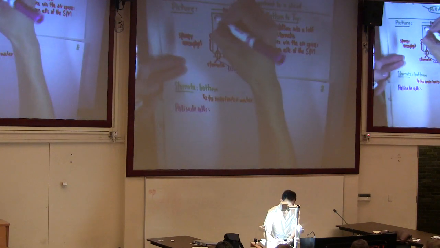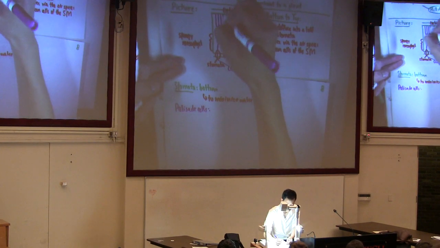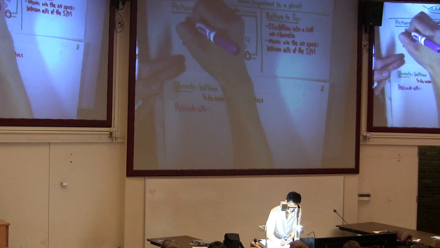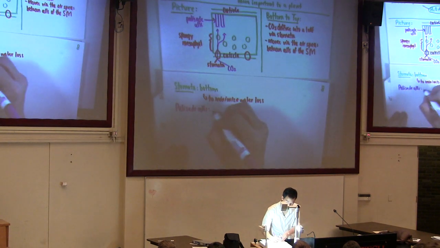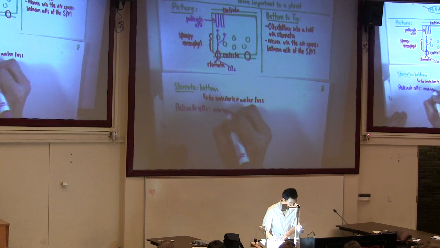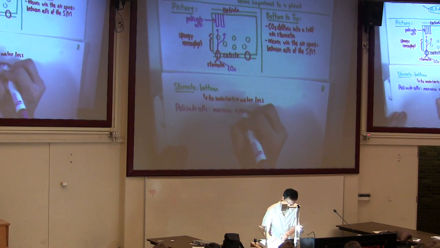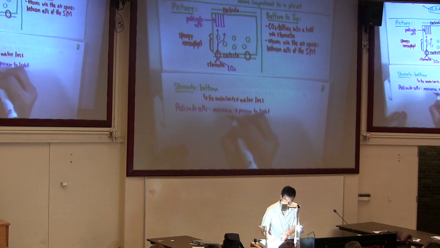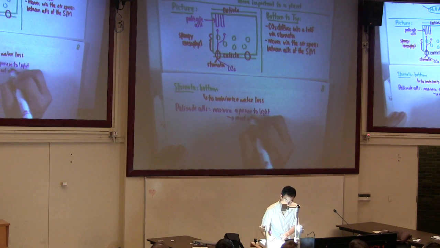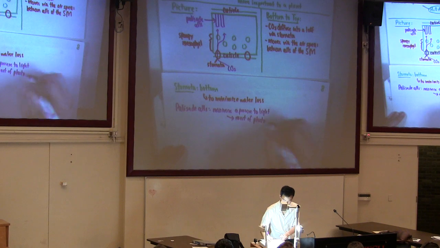So your palisade cells are going to be on the top, to maximize exposure to light, because that's where most of photosynthesis occurs.